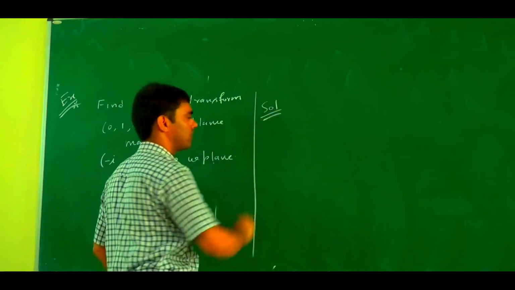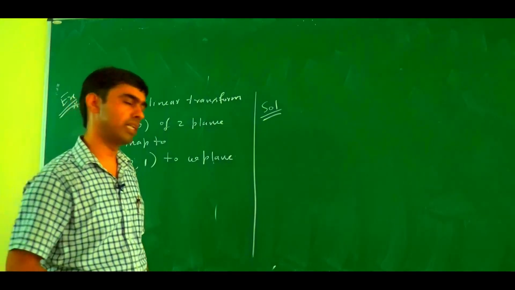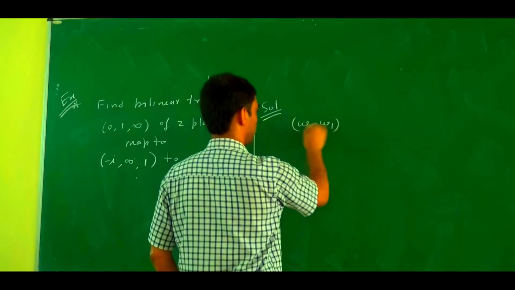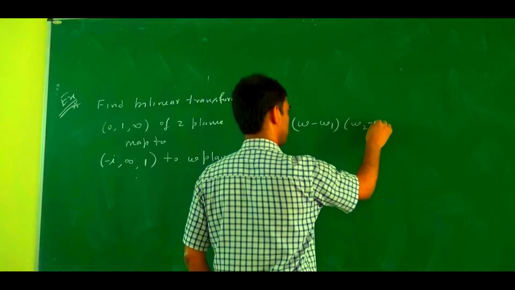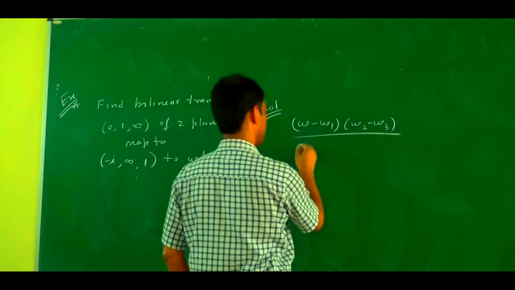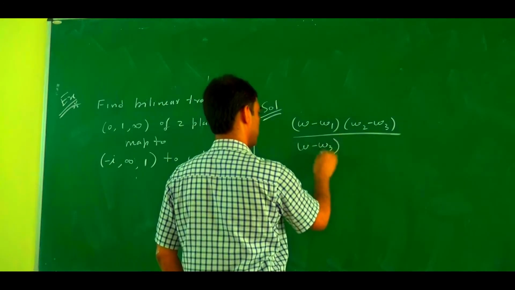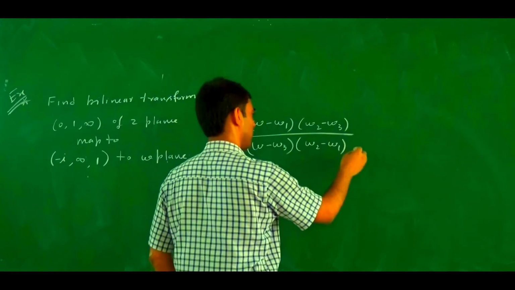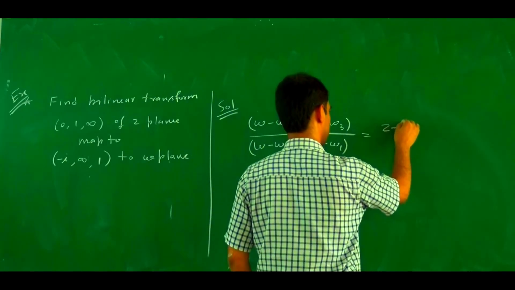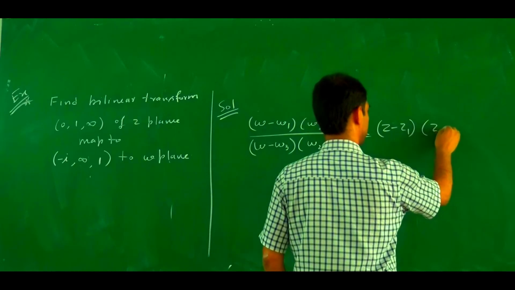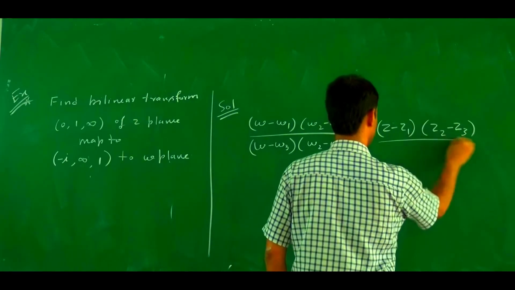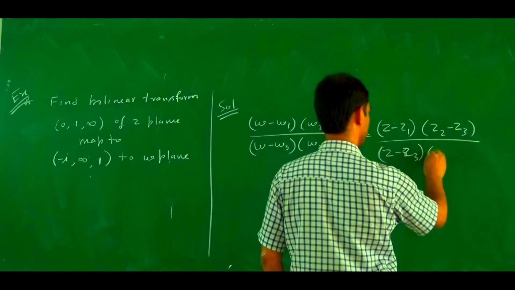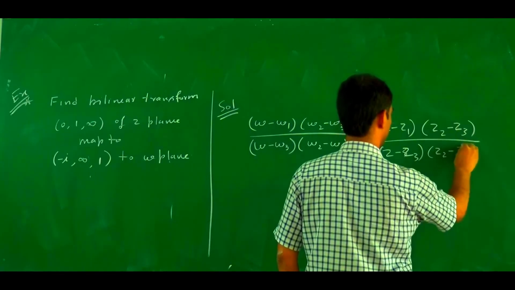For the solution, we write the implicit form of a bilinear transform. What is the implicit form? (w − w1)(w2 − w3) divided by (w − w3)(w2 − w1) equals (z − z1)(z2 − z3) divided by (z − z3)(z2 − z1).